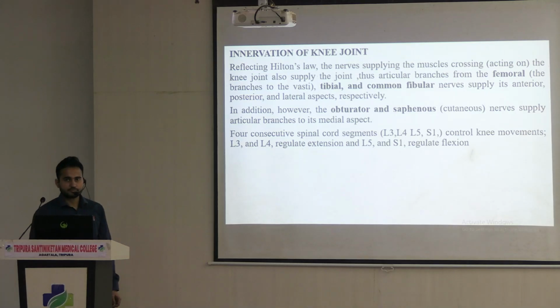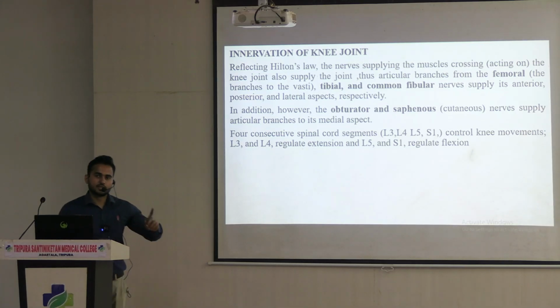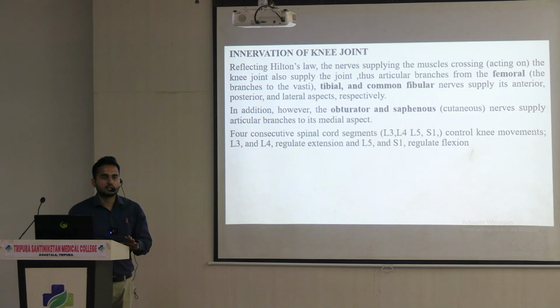In the synovial joint chapter, I have also mentioned that for the movement of a joint, segmental innervation is there. That means some particular segments of the spinal cord will control those movements. Those are called segmental innervation. Okay?